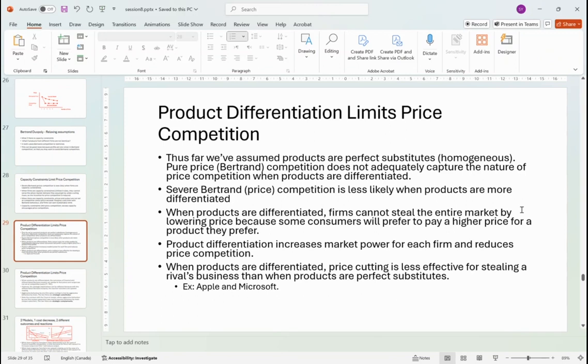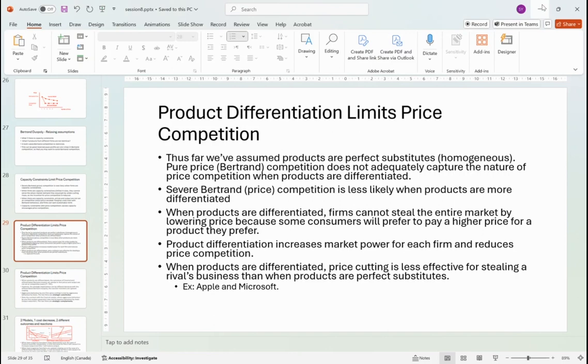The second assumption we relax is, what if we have some sort of differentiation across the product? What if the products are not exactly homogeneous? Under this relaxed assumption, both products are not perfect substitutes.